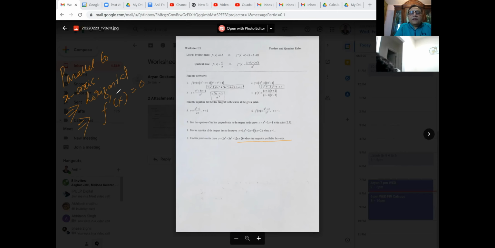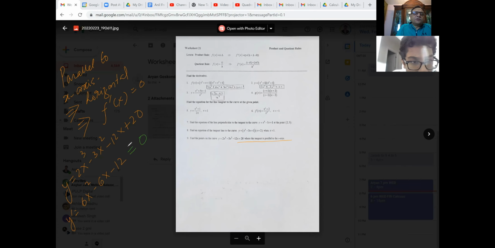Okay. We are given the equation y equals 2x cubed minus 3x squared minus 12x plus 20. So what is the derivative? 6x squared minus 6x minus 12. And if I want parallel, that means the derivative should be 0.